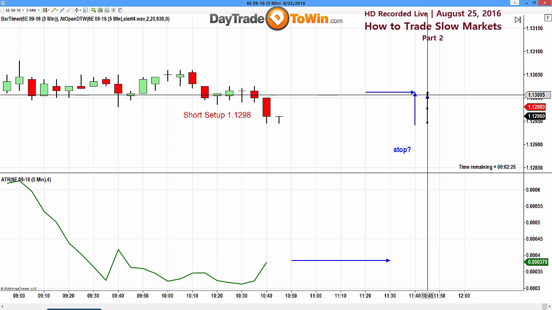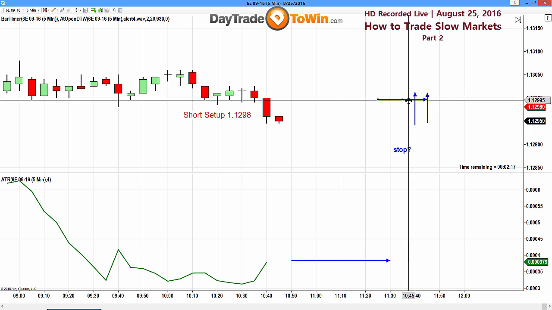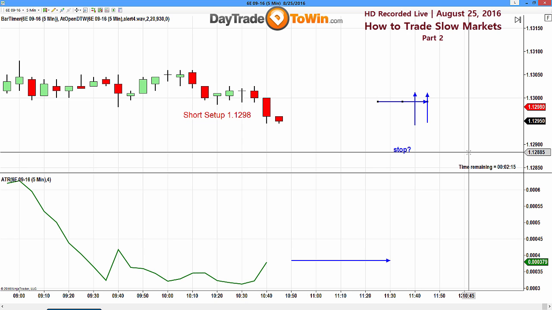And front running basically tells me that it tried to go through this. I didn't get filled, but it touched that price. On the next candle or the next attempt, I'm going to drop it down by 1 tick or 1 pip in order to fulfill that. Now remember, markets love to test where they've been.